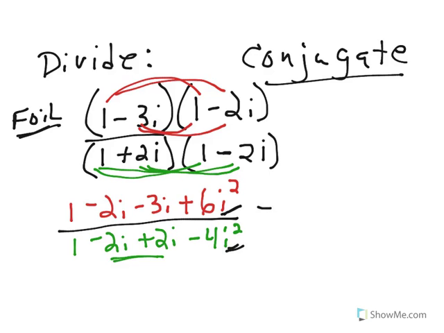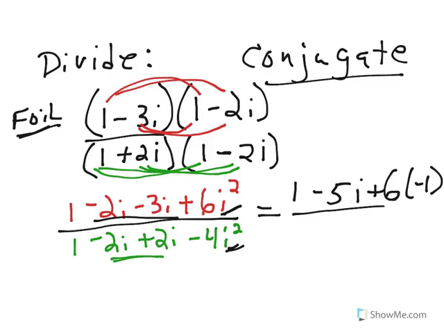So let's rewrite this, and we're going to combine our like terms here. 1 minus 5i plus 6 times negative 1. In our denominator, negative 2i plus 2i cancels out. 1 minus 4 times negative 1. Notice how we no longer have i in our denominator.